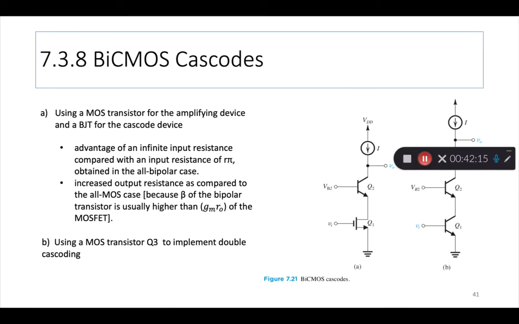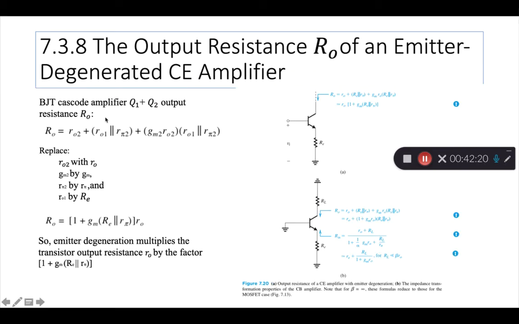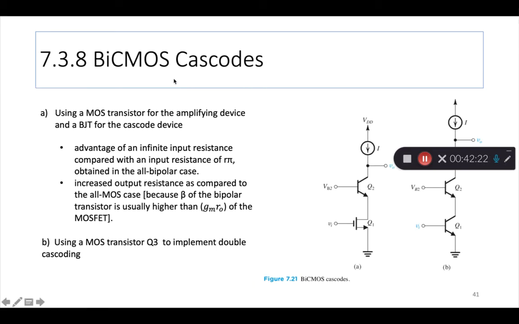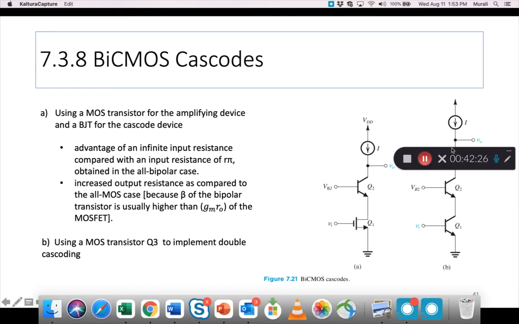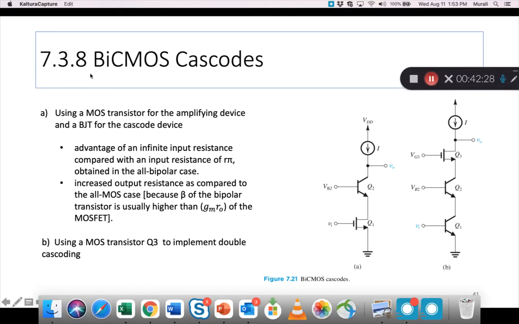We have one more interesting slide, slide 41, and I have a previous slide that I'll come to in a second. This last topic is BiCMOS cascode. So it's a combination of bipolar junction transistors plus MOS technology.